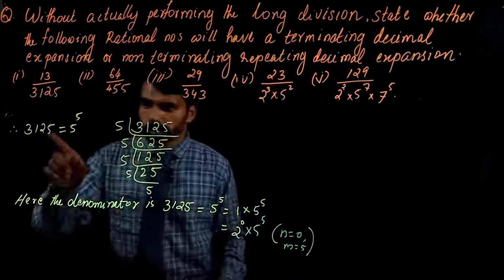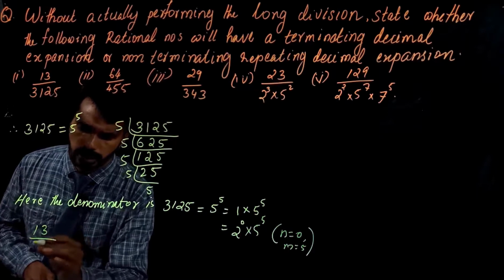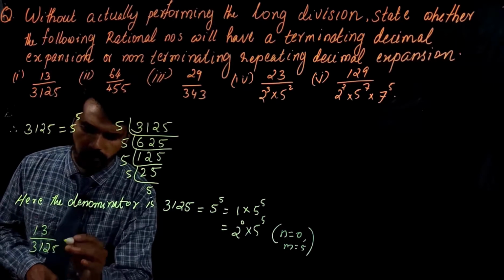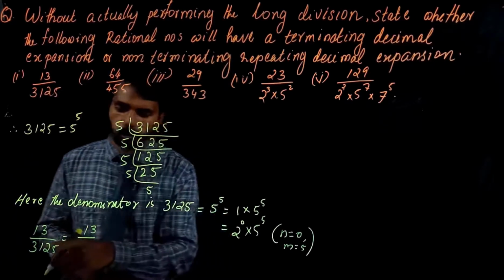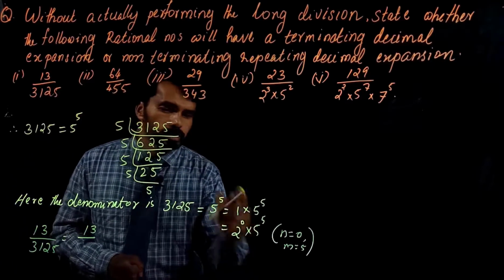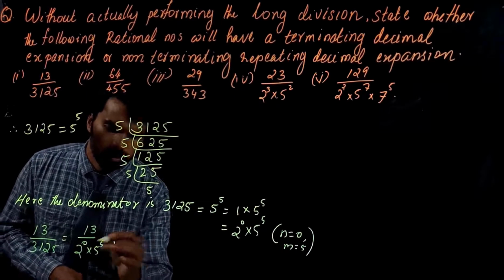So 13 divided by 3125 is equal to 13 divided by 2 raised to 0 into 5 raised to 5.